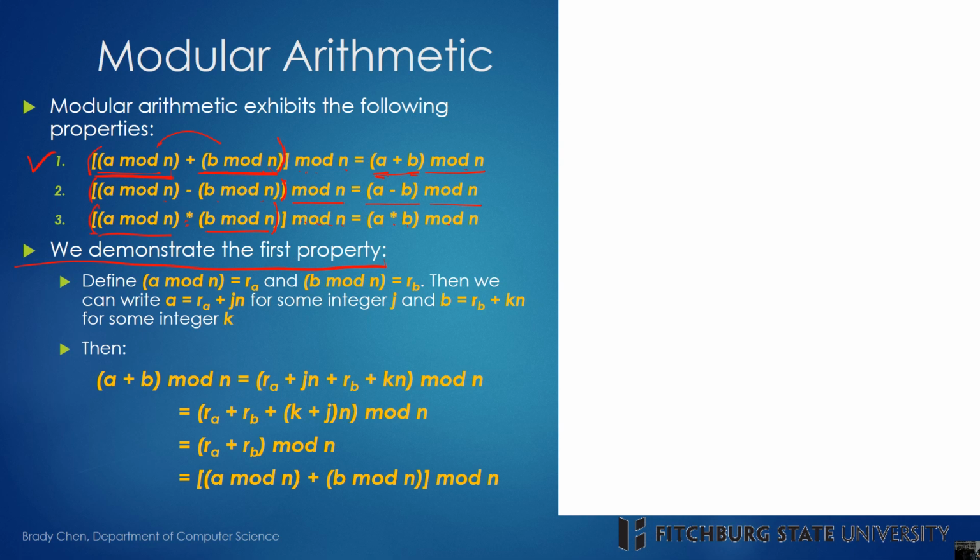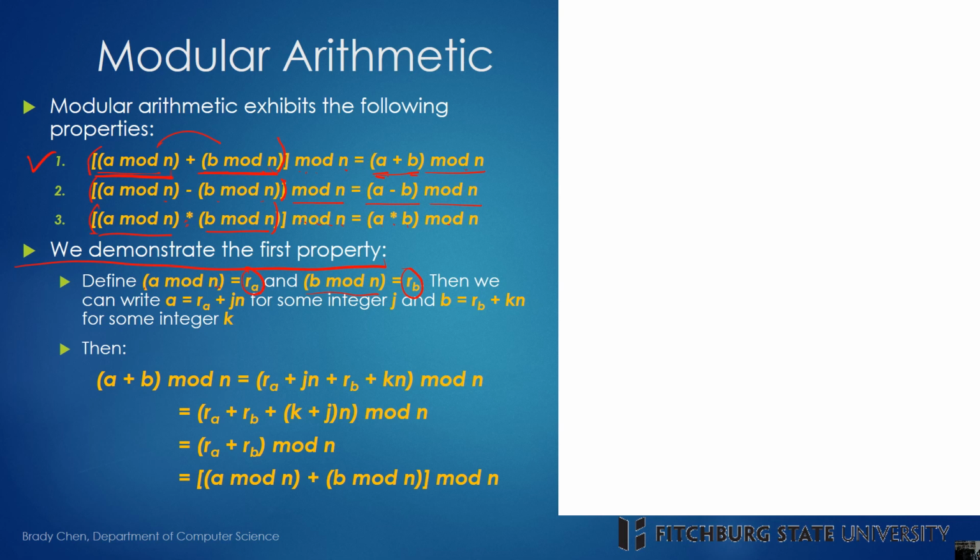Okay, so now let's assume that A mod n equals Ra, and B mod n is Rb. So that's the remainder when A is divided by n, right?